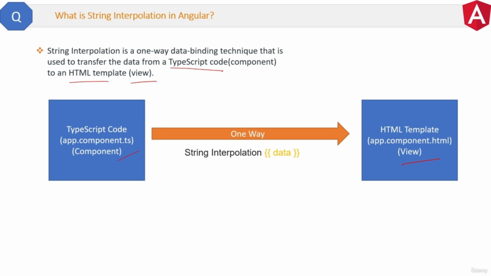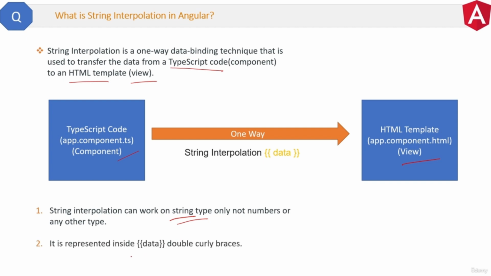Now there are two important things about interpolation. First is string interpolation can work only with string type, not with numbers, not with booleans or any other type. And the second important thing is it is represented inside double curly braces. Now let me show you the same thing in code.